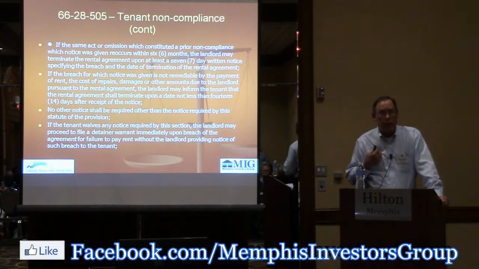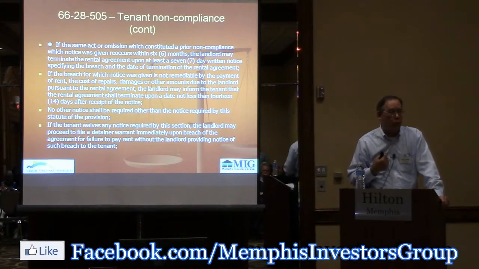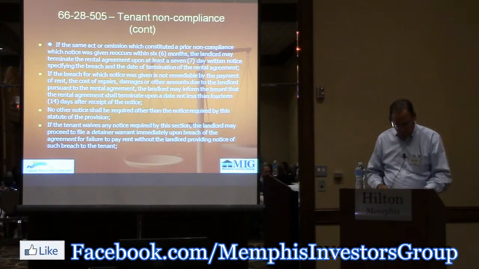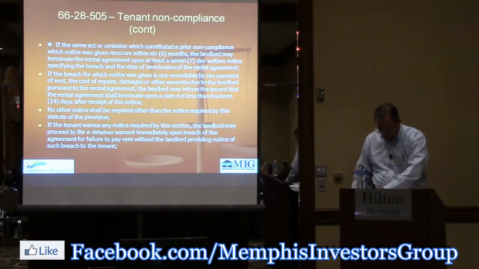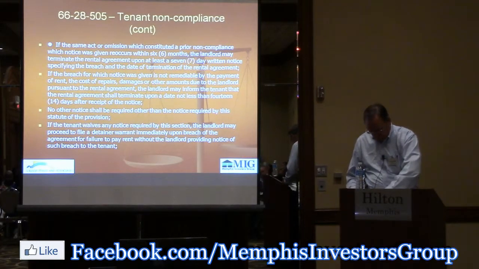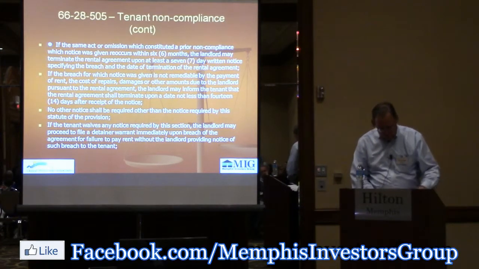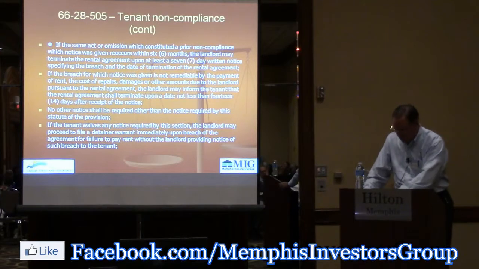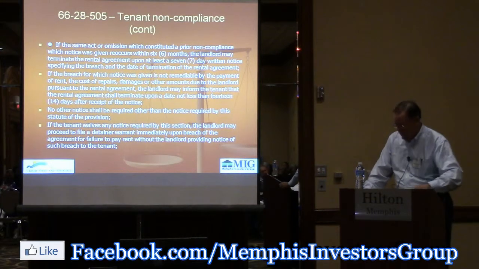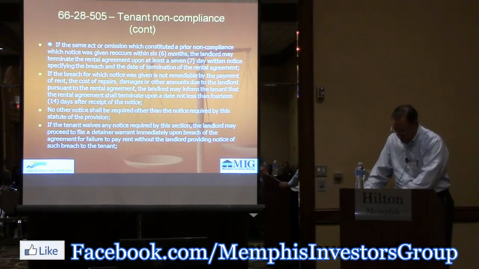Gives the landlord the opportunity to determine who's doing those repairs and whether they will be adequate and correct the problem. So you want to have that as part of your armor, so to speak, in dealing with the tenants on non-compliance.